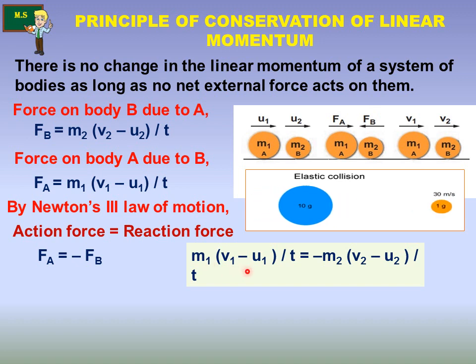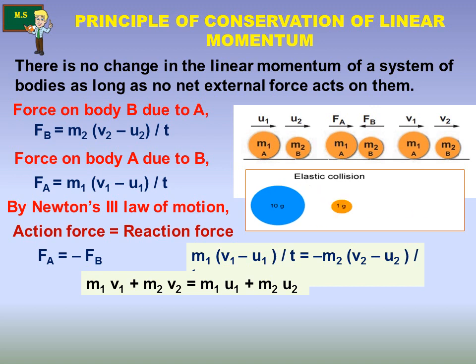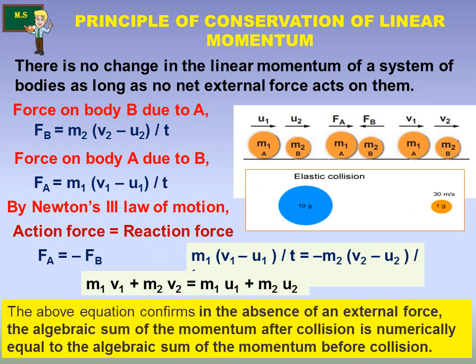Now M1 into V1 minus U1, divided by T, is equal to minus M2 into V2 minus U2, divided by T. You can arrange M1 V1 plus M2 V2 on one side and M1 U1 plus M2 U2 on the other, right-hand side. See, we are rearranging the equation with the final velocities on the left side and the initial velocities on the right side.